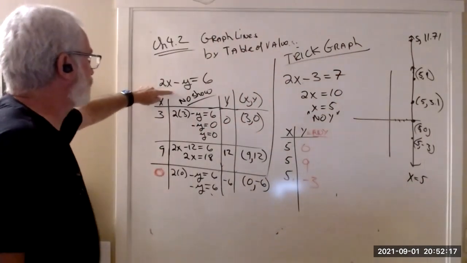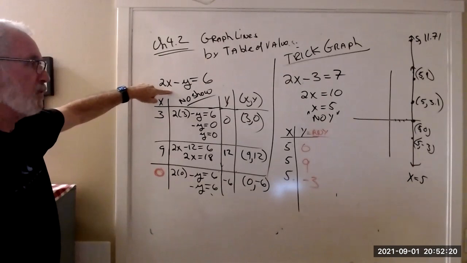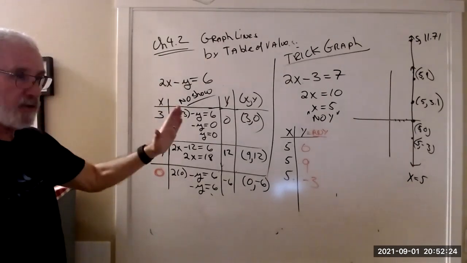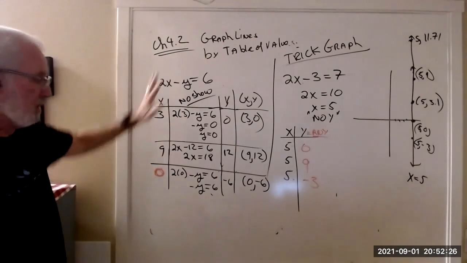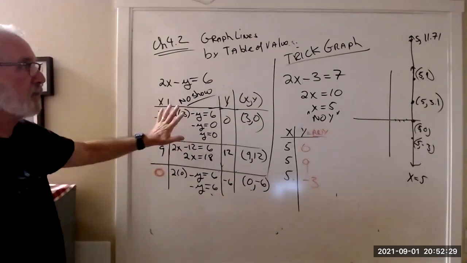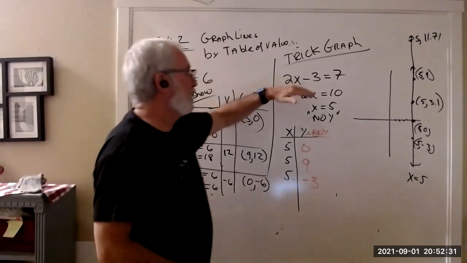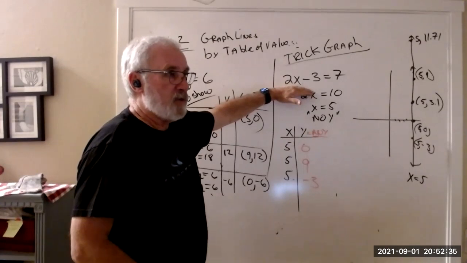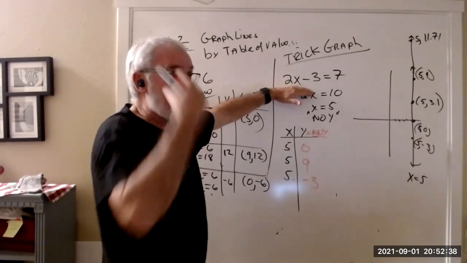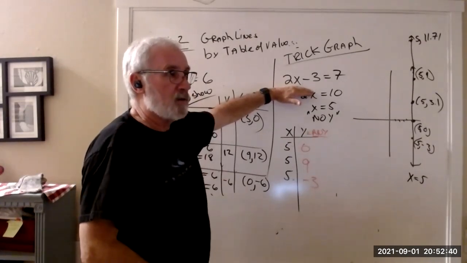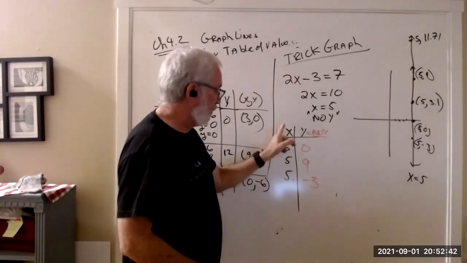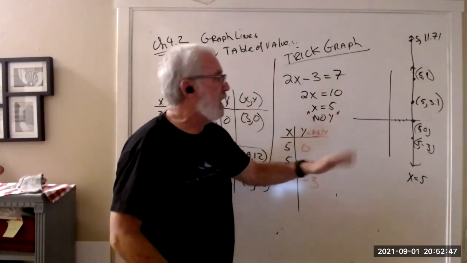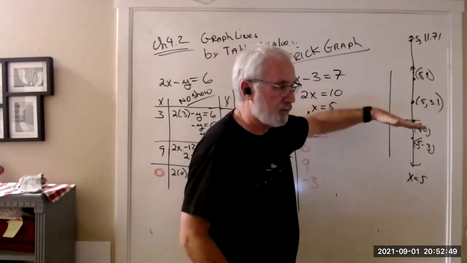Most of the graphs are slanted in some form because they have an X and a Y, and you're going to build a table. But occasionally they'll try and trick you. They'll give you an equation, but one of the variables is missing, which means the actual variable is locked in and for the other variable, nobody gets squat. So you graph it and you'll get either a vertical or a horizontal line.